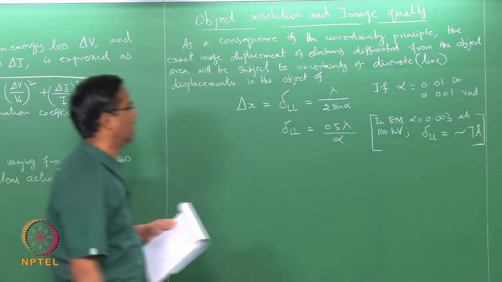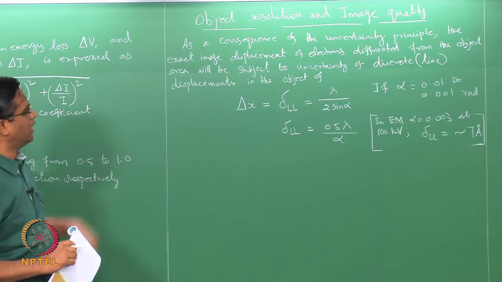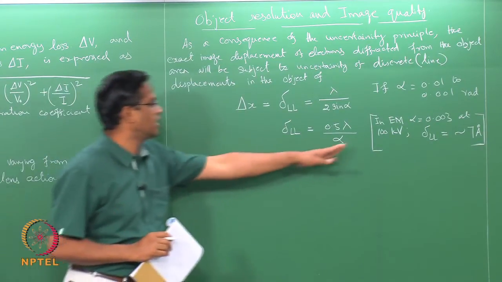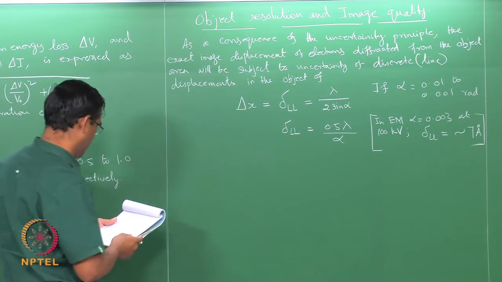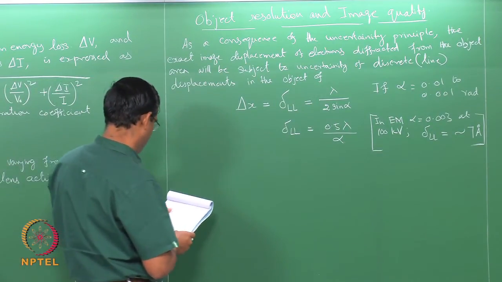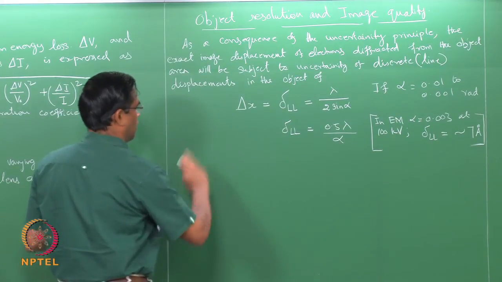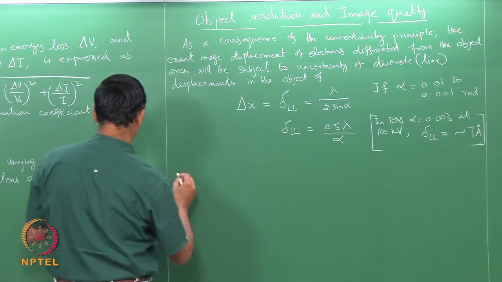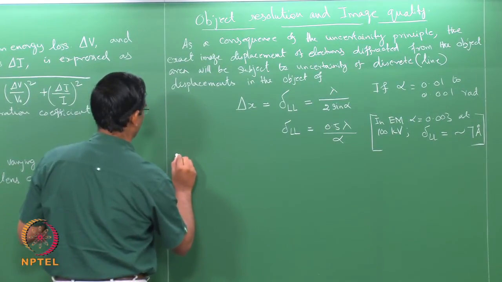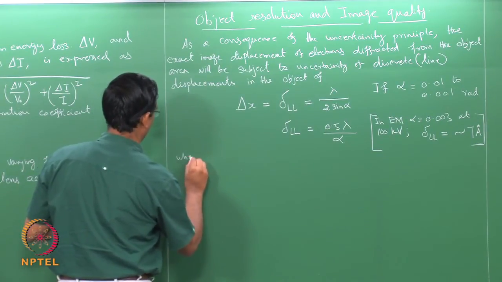Just to give you an idea, a typical case where you see that delta LL, how to appreciate this. So, now we will include the lens aberrations and see how this expression is modified.